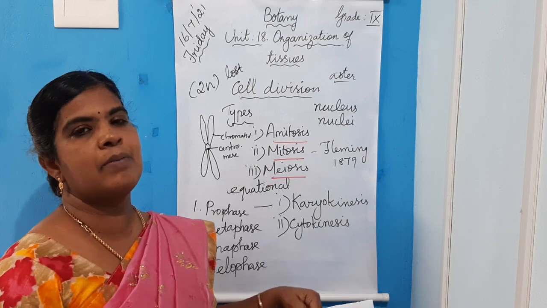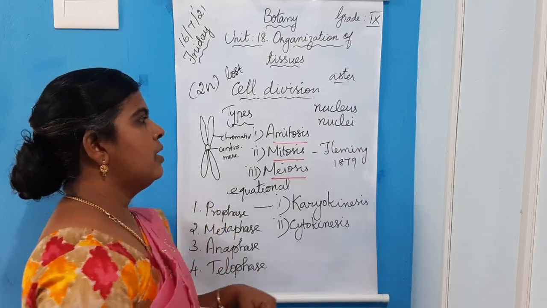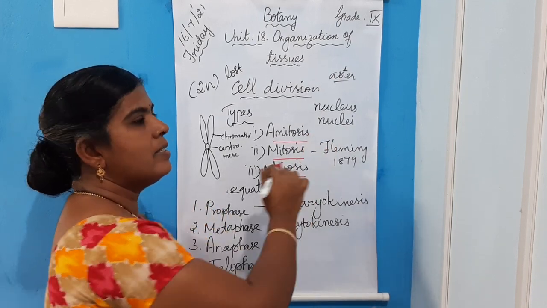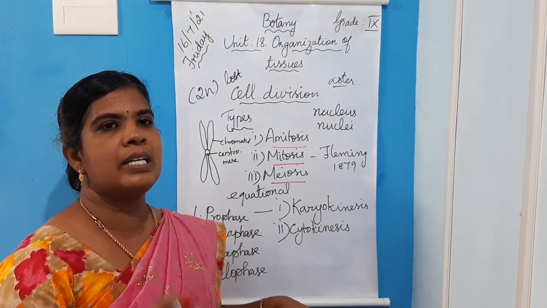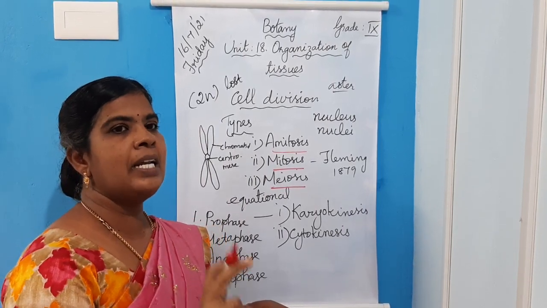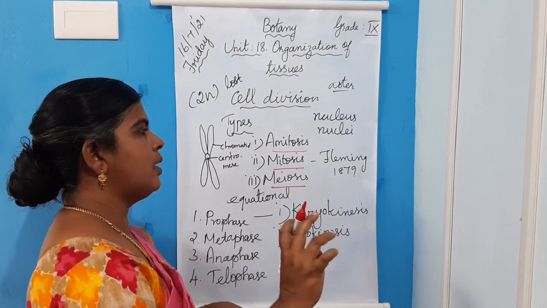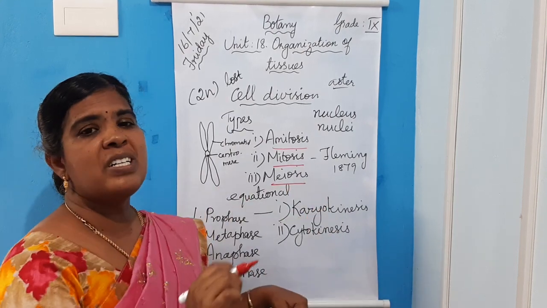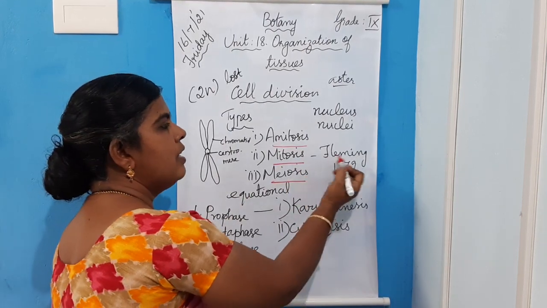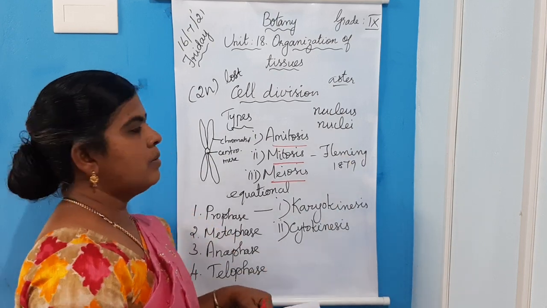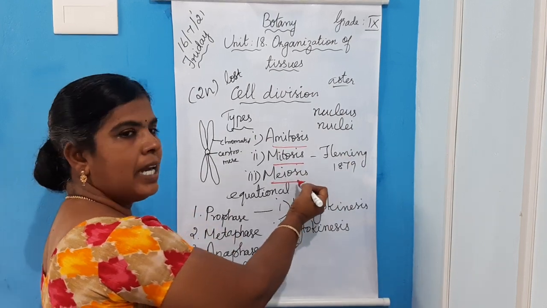Mitosis is the simplest type of cell division, occurring in fetal membrane, aging cells, and unicellular organisms. Who discovered mitotic cell division? Fleming.